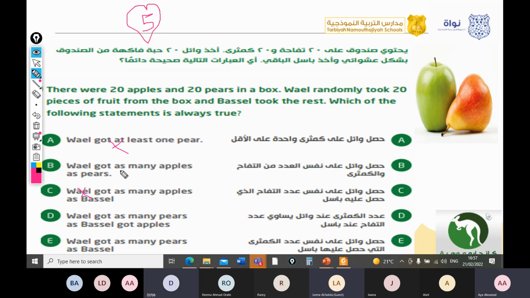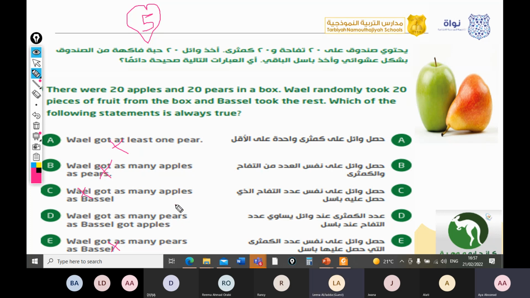Now, why is it not B? Yeah, why is it not B? Wael got as many apples as pears? No, maybe Wael takes 15 apples and 5 pears. We take 20 randomly, so B is a mistake. E, Wael got as many pears as Basil? No, maybe he takes 5 pears and Basil takes 15 pears. The only true answer is Wael got as many pears as Basil got apples.